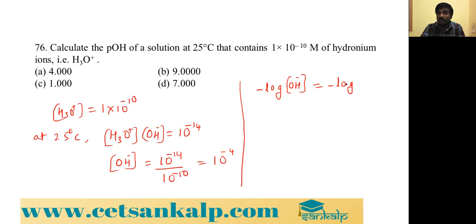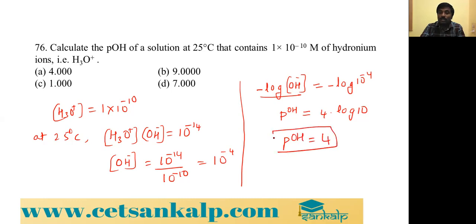Now that is going to be called as what? pOH, that is going to be equal to 4 into log 10, minus into minus plus, therefore pOH is equal to 4. So the answer is going to be what? Option A, pOH is equal to 4, right? So option A.